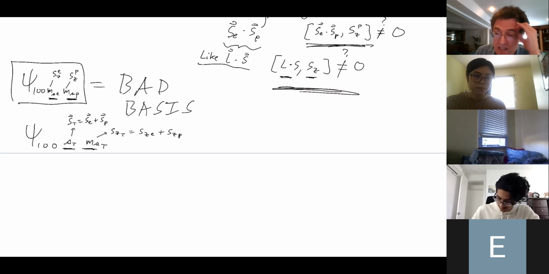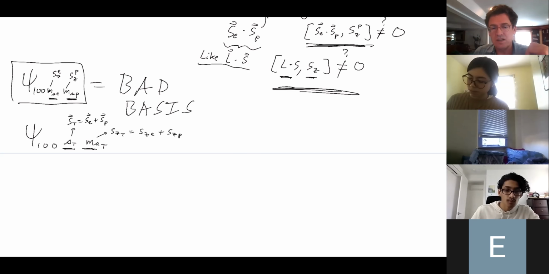And this is exactly what we did for spin orbit. I just want you to see it's exactly the same thing. For spin orbit, it was the J basis.